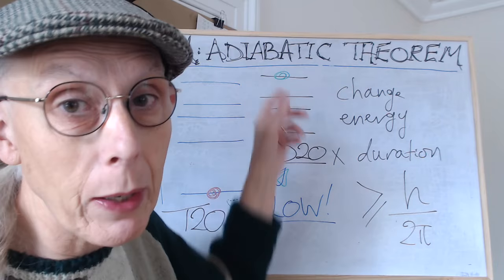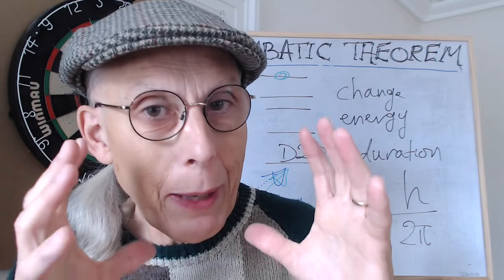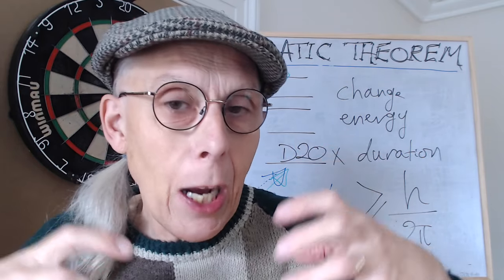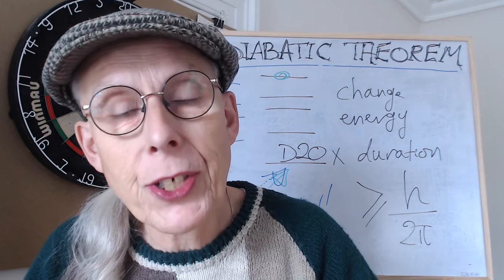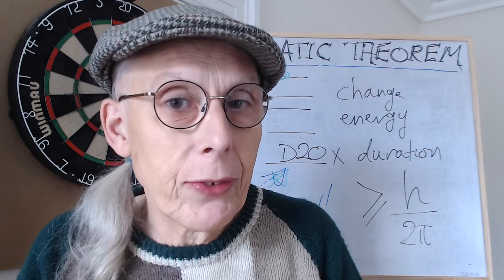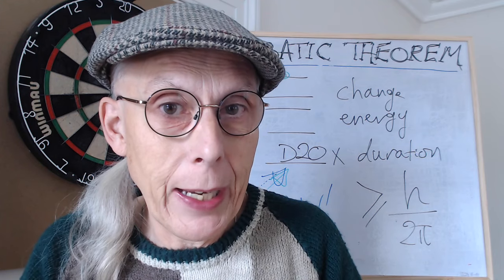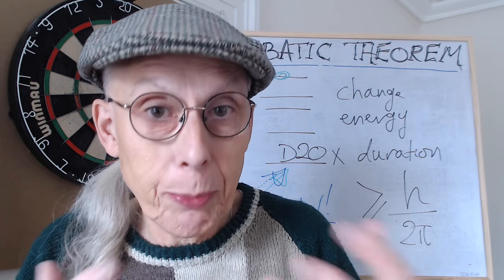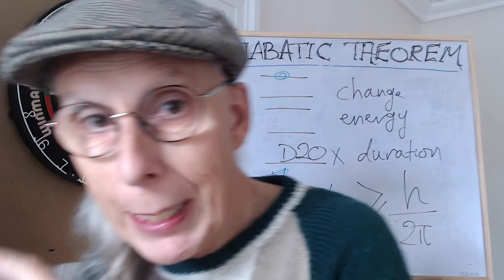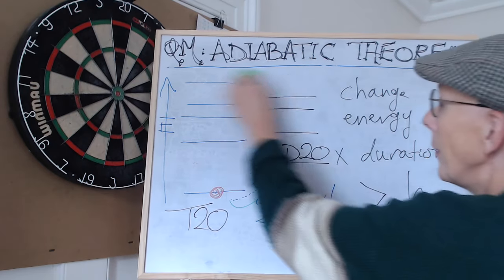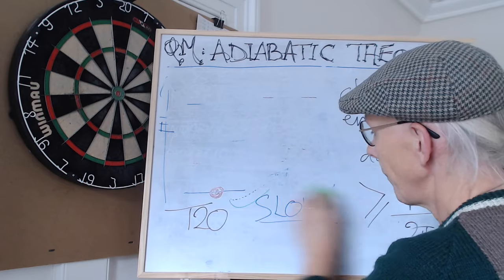You're just going to be somewhere else. But here's the idea. In our practice, there's a trick that we can use to essentially exploit this adiabatic theorem. And I will explain it to you right now. We're going to get right back to the darts now, but try and keep this concept in mind. Here's the trick.